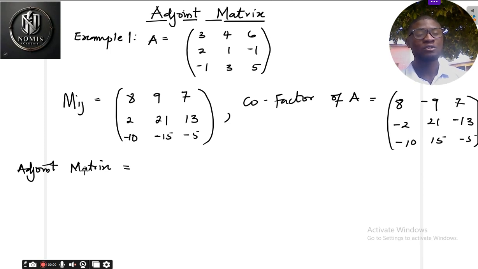Meaning that column 1 becomes row 1, column 2 becomes row 2, column 3 becomes row 3, and row 1 becomes column 1, row 2 becomes column 2, and row 3 becomes column 3.